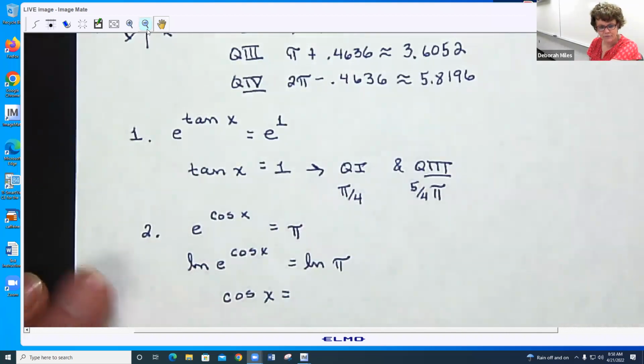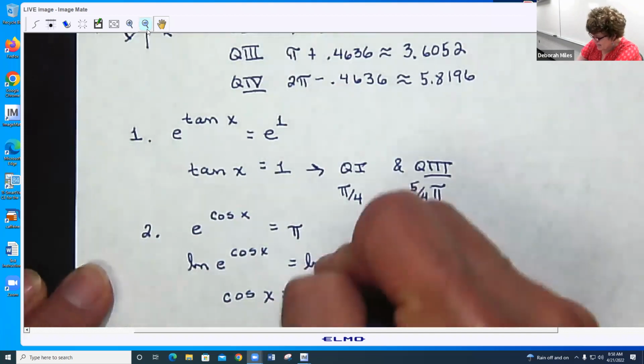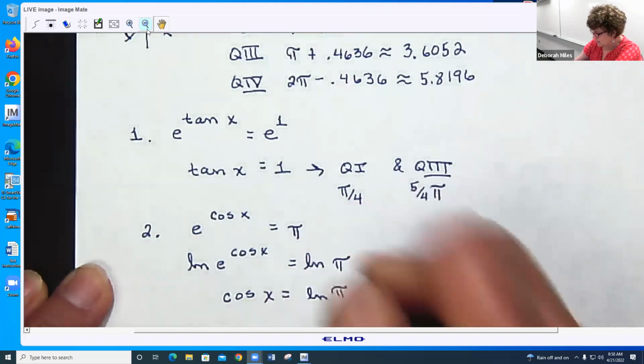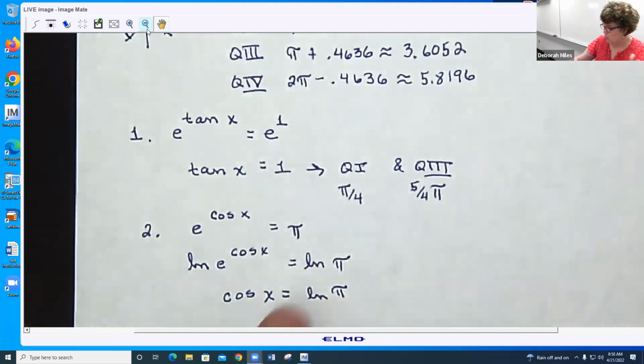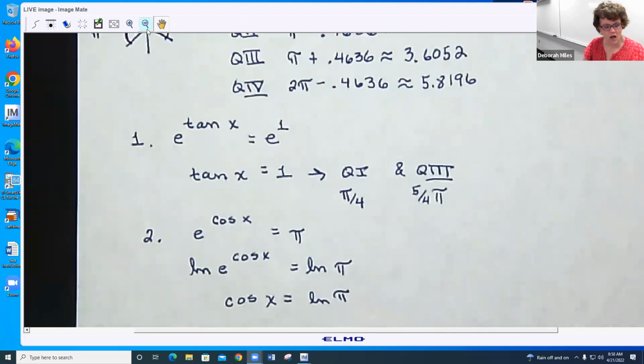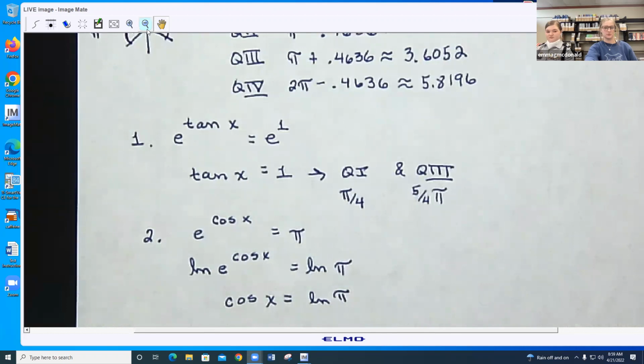And natural log of pi, I'm just going to have to leave that until I get the x by itself. When I get the x by itself, I will punch natural log of pi on the calculator. But what's it going to take to find the angle whose cosine is natural log of pi? Would you just do the inverse cosine?